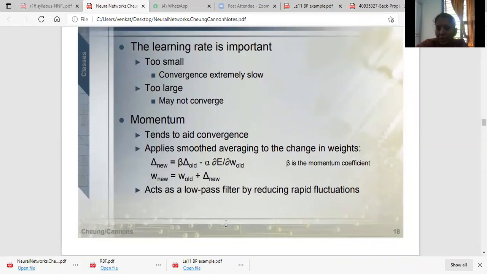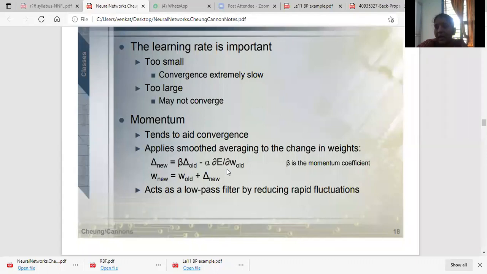So you need to go for certain modifications in your learning rate to get your convergence quickly and accurately. One is applying smoothed averaging to the change in weights, which is your momentum coefficient.